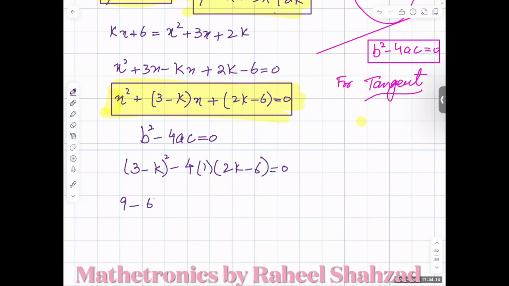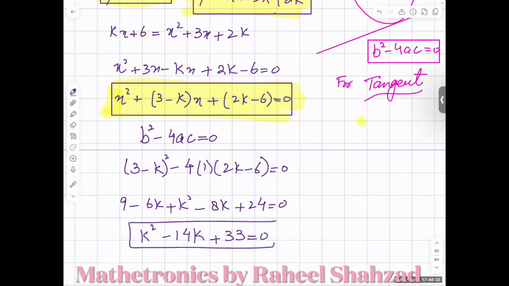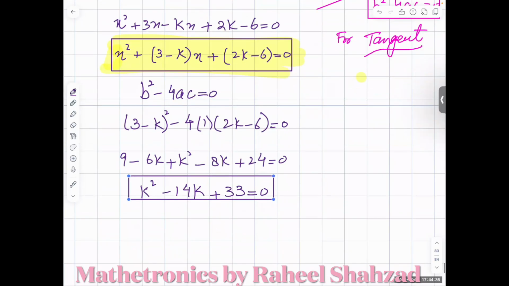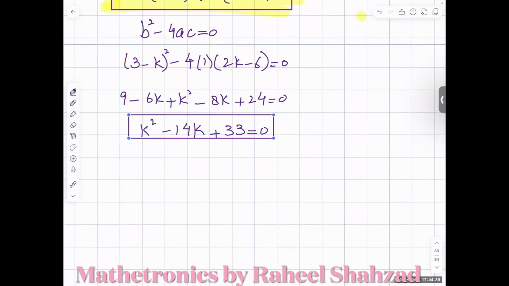So that is 9 minus 6k plus k square minus 8k plus 24 is equal to 0. That would give us k square minus 14k plus 33 equals 0. Then we have to factorize it. So we have 1, 14 and 33.